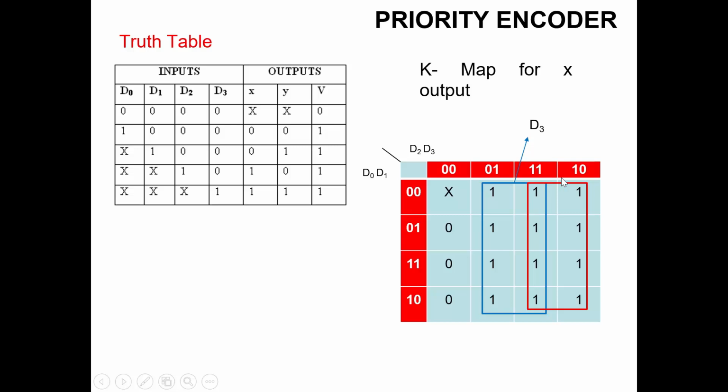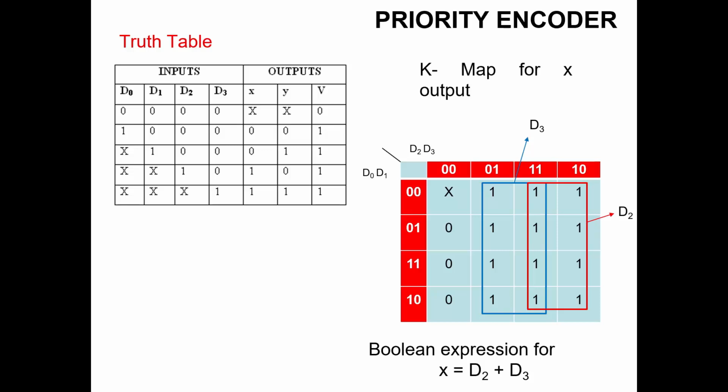D3 is changing from 1 to 0, and D0 and D1 are also changing from 1 to 0 or 0 to 1. So the output will be D2. The overall output for X will be X is equal to D2 plus D3.